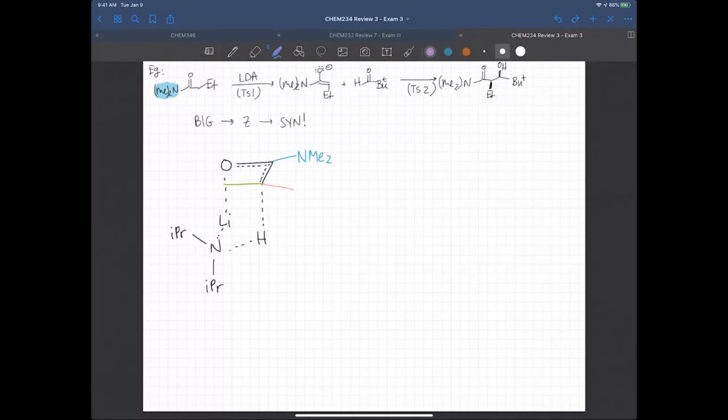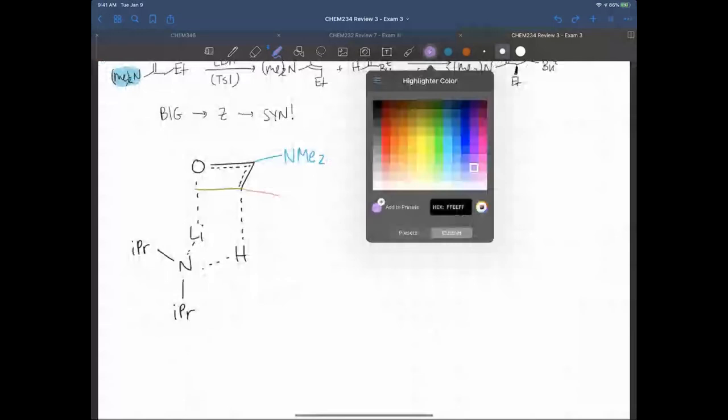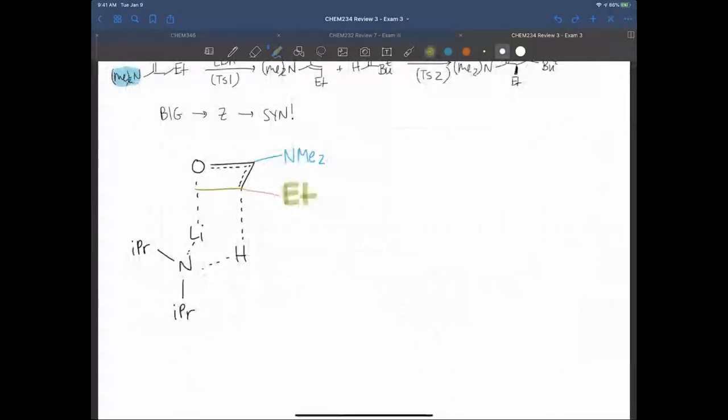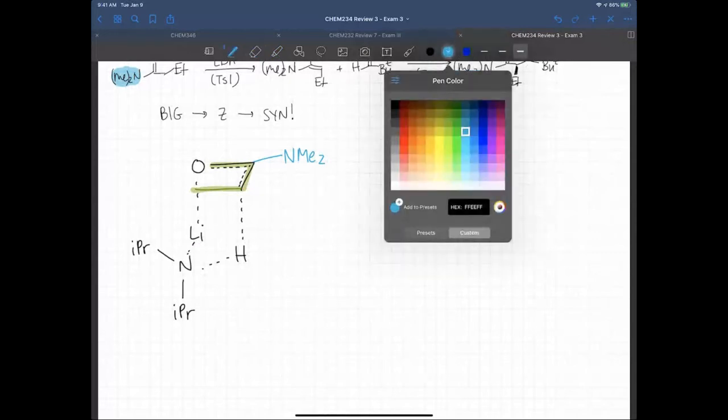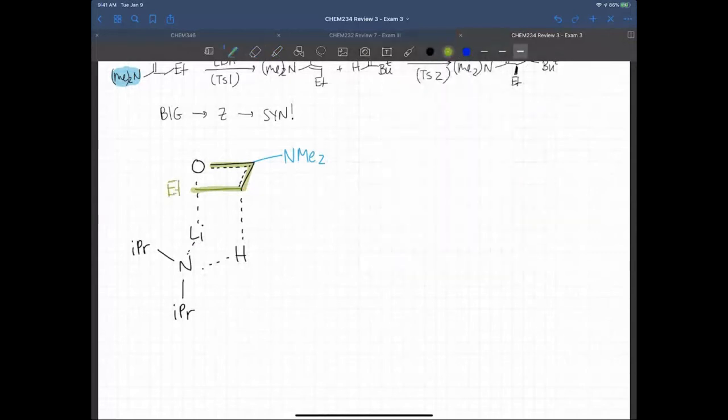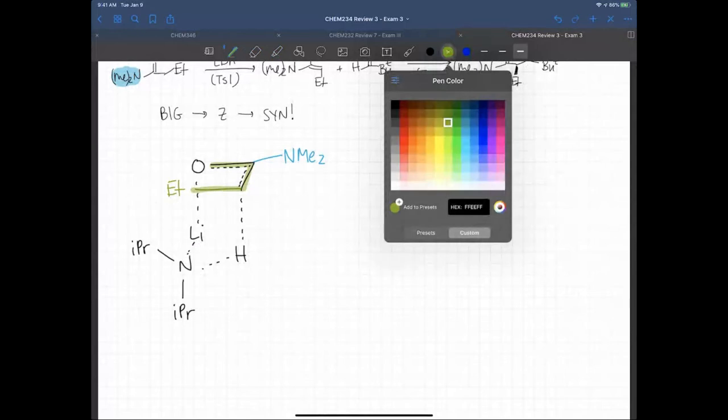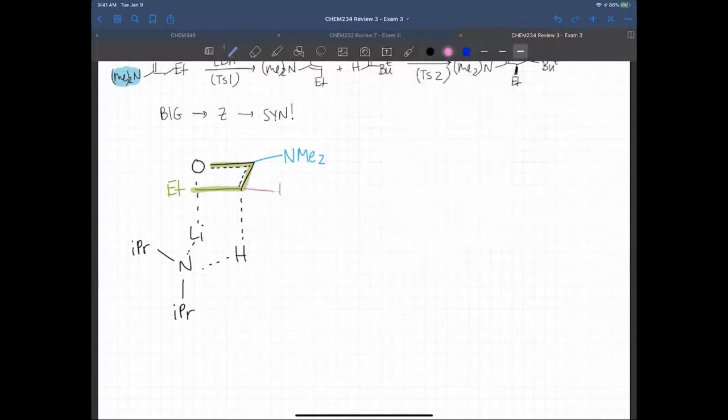Well, at the end of the day, because we have a big group, we are going to get a Z alkene. Where would I put my ethyl such that I get the Z alkene? Here or here? The one on the left, right? This is where I get my Z alkene. So I know ethyl has to be here, which leaves the last one to be just a hydrogen. Okay.